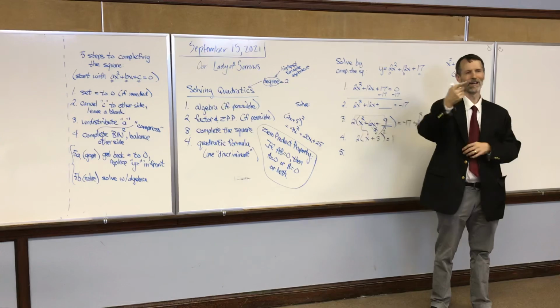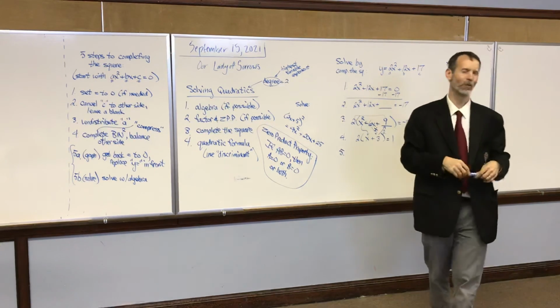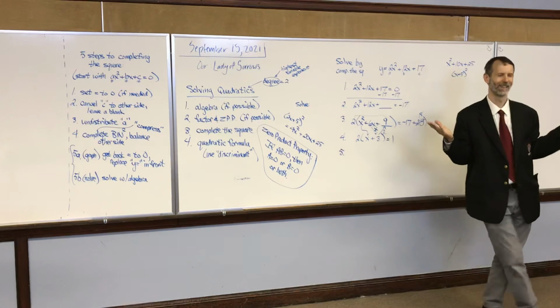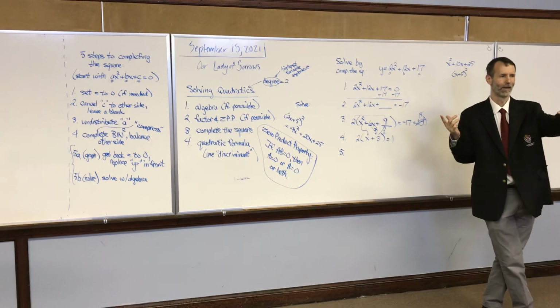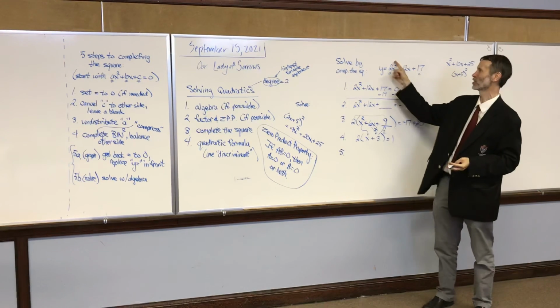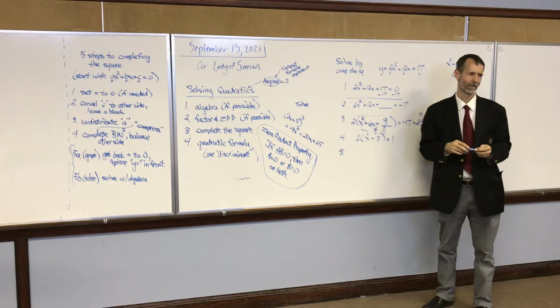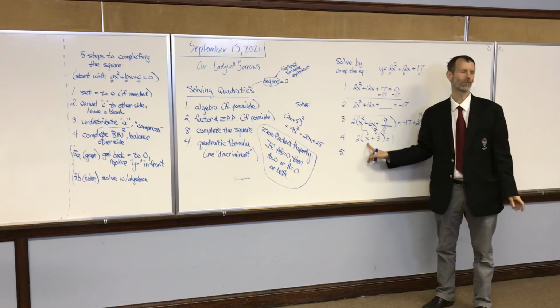Sam? 5B. Solve with algebra. You can only solve with algebra if what? There's one species of x. I thought we didn't. There's squared and regular. Can we solve with algebra? Yes. We only have one species of x left.